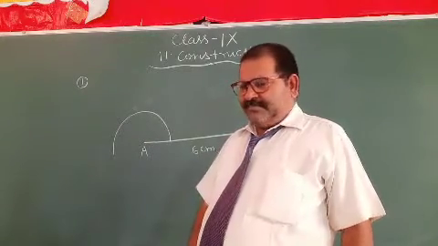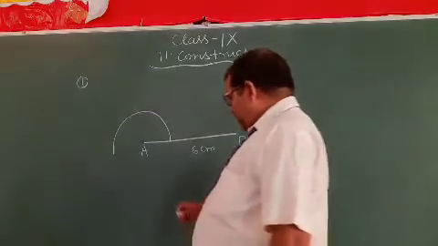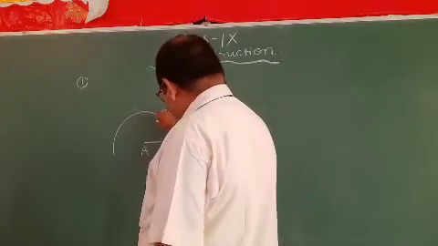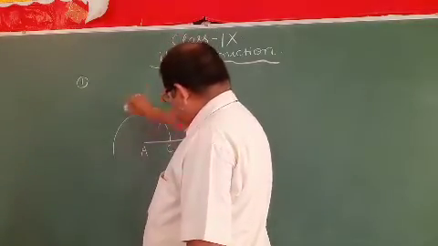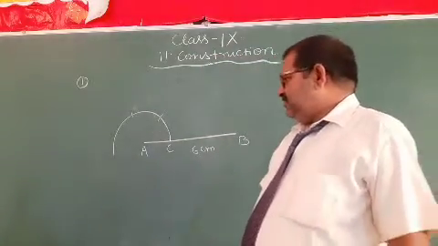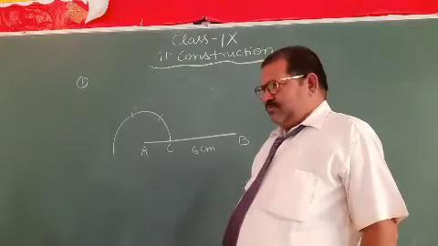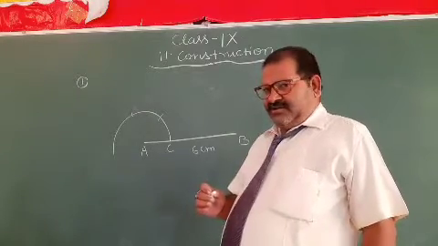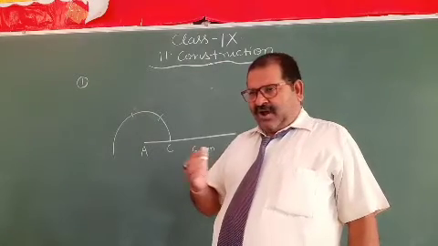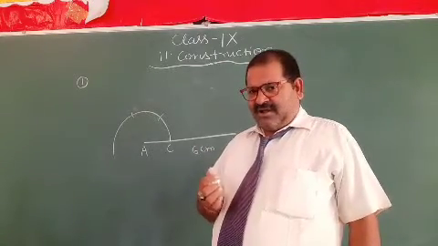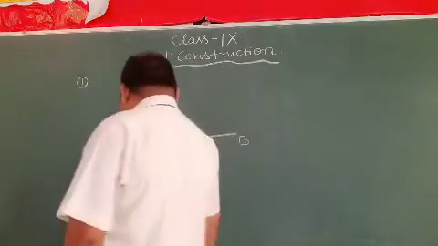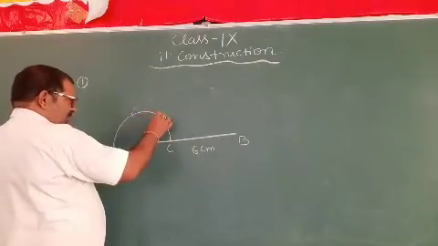Now again we draw the arc from C, again and again. Now take more than half distance of the arc and draw an arc above the arc.